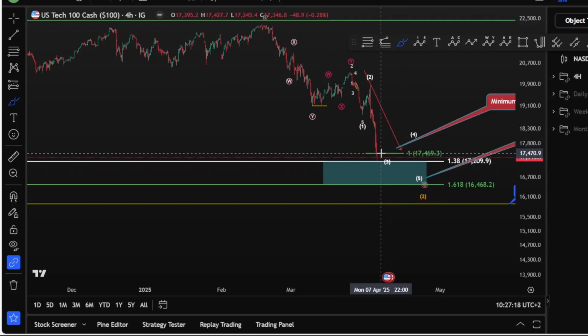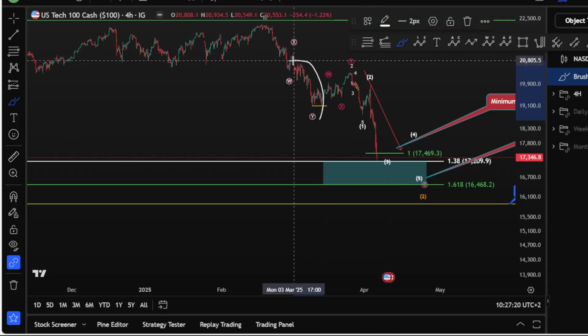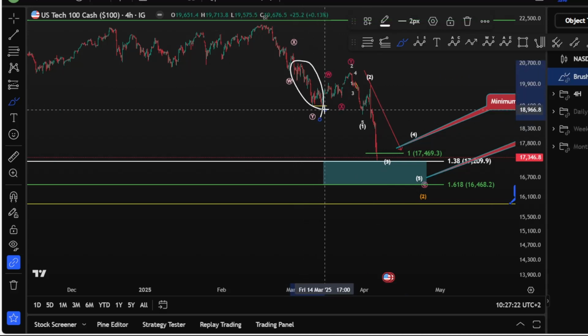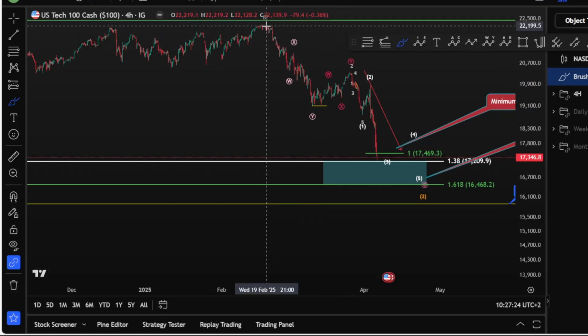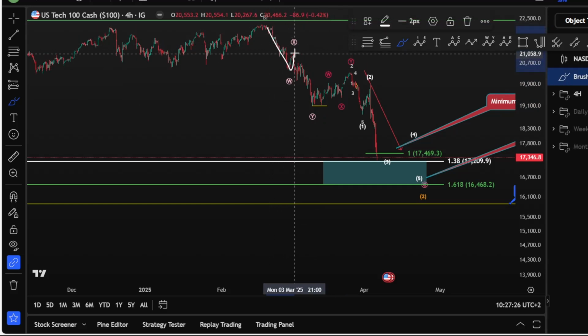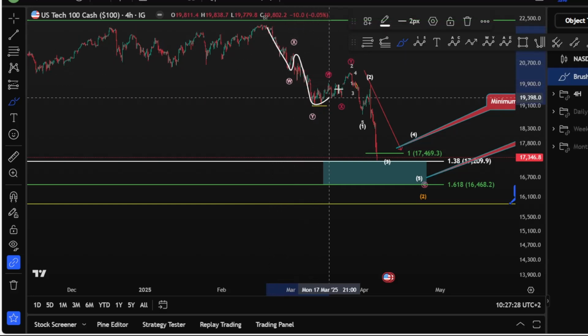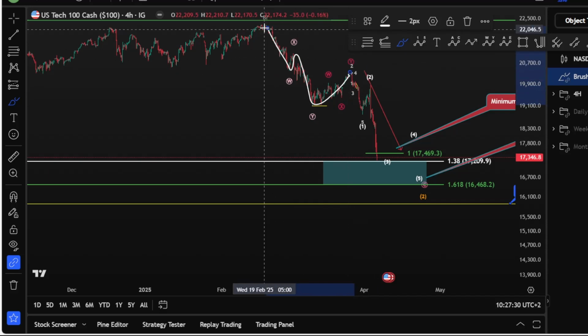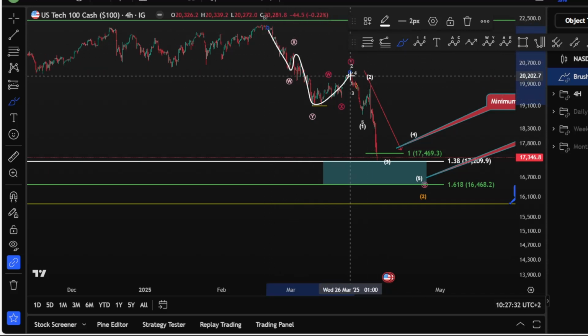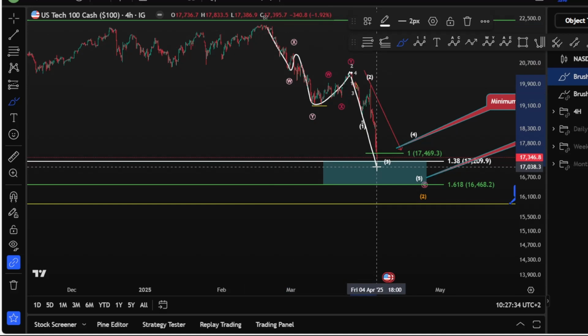So the chart is telling us, regardless of the interruption that we had here as a corrective wave, we can transfer this as a very weird corrective wave, A, B, and a C for a wave 2 here after an impulse for a wave 1. And considering this is a wave 3, because now the highest possibility is that this is a wave 3.